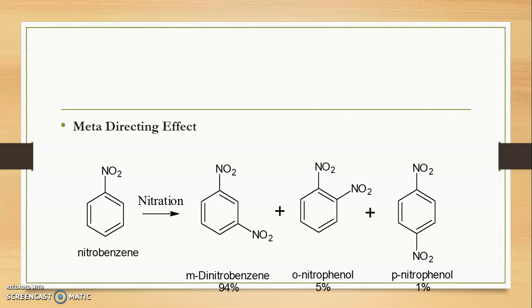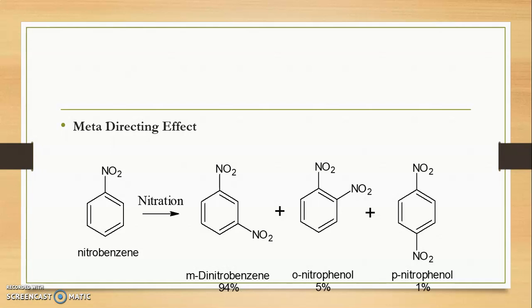In the case of the meta directing effect, the nitro group is known as a deactivator. It places a positive charge at the ortho and para positions, due to which the meta positions become more electron rich, more electronegative, and the incoming electrophile is attracted towards the meta position.